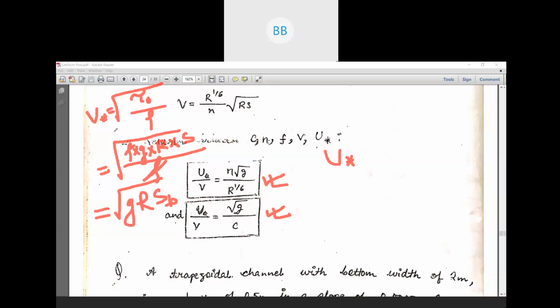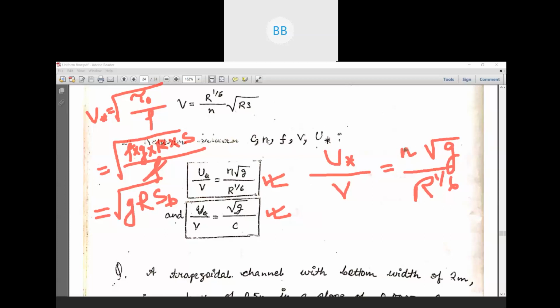This is your shear velocity. The shear velocity divided by velocity is equal to n, that is your Manning's roughness coefficient, multiplied by root over g divided by R to the power 1 by 6. That is one relationship. This is shear velocity with Manning's equation.